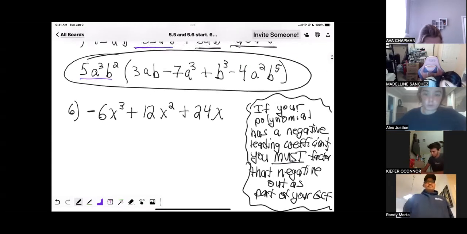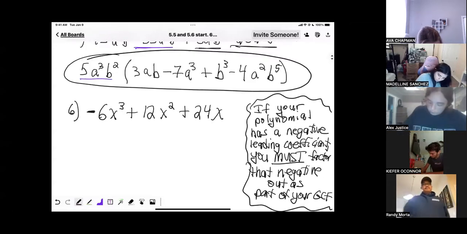Especially as you move on, if you don't factor this negative out, you're going to have trouble factoring. That negative cannot be there. So you always want to start with a positive.